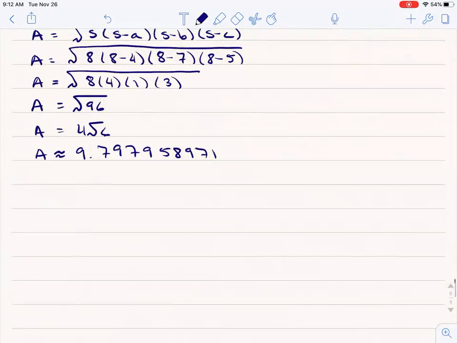If we're rounding to 2 decimal places, A is approximately 9.80 units squared. Because it's an area.